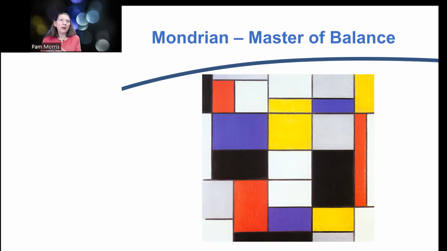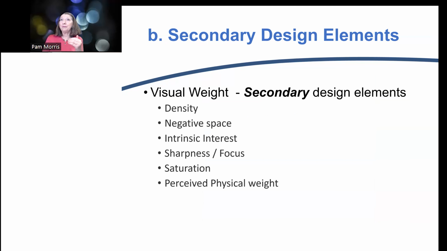It's much more visual weight than the blue or the grey. So Mondrian was the master of this, and the size of each one of these elements, it just works. So that's what we're trying to do in your images when you're framing up, is to think about the visual weight of the other things that aren't the subject.